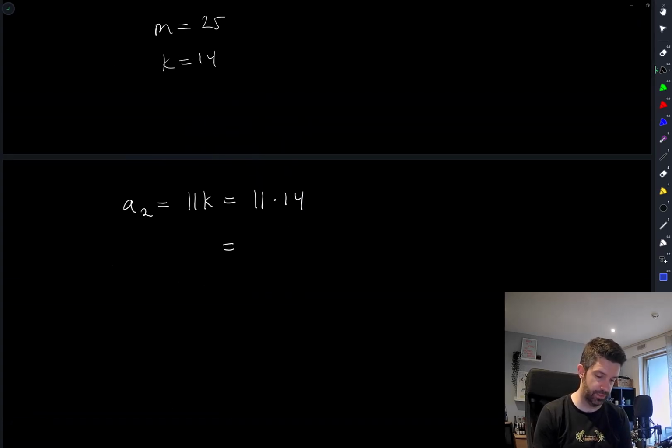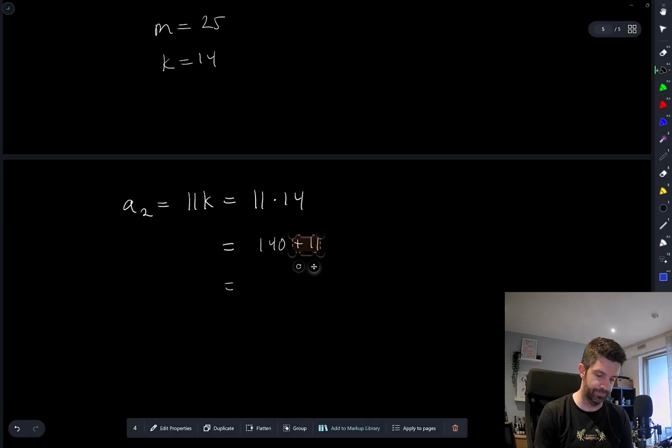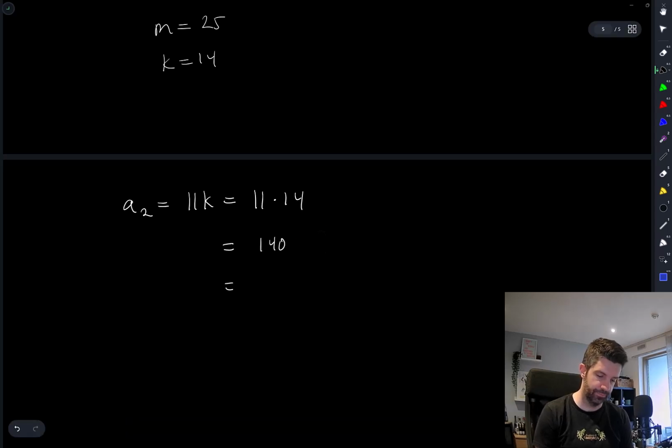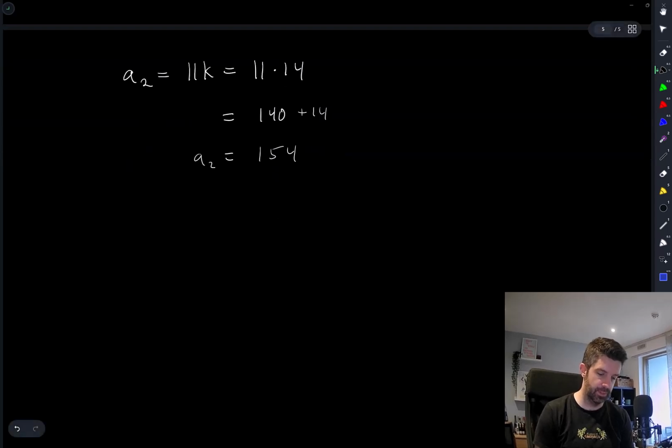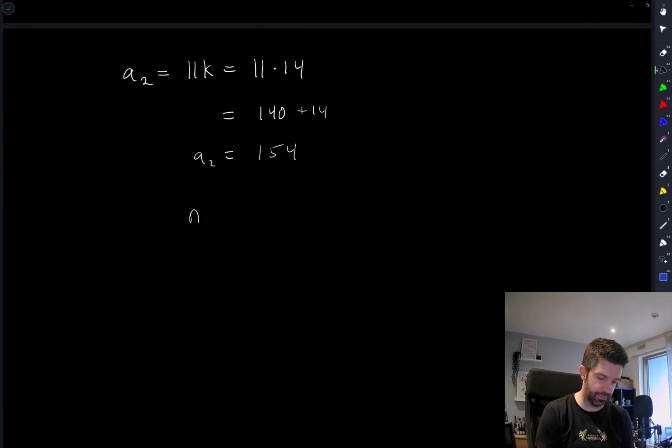So A2 is 140 plus 14, which is 154. And let's see if we can figure out the other numbers as well.